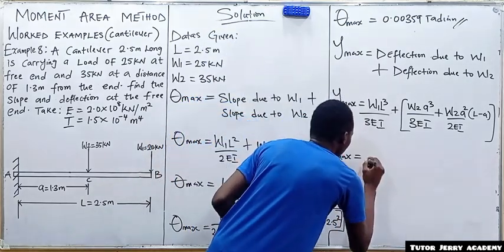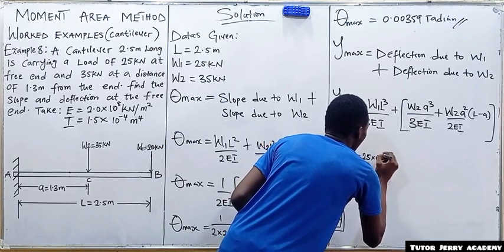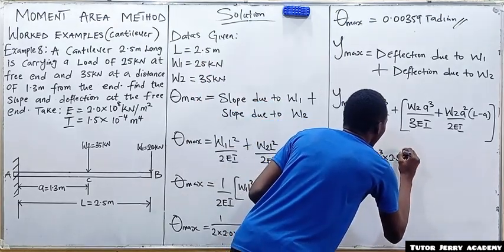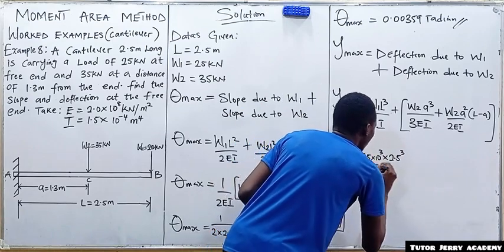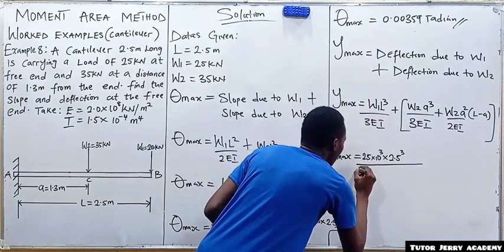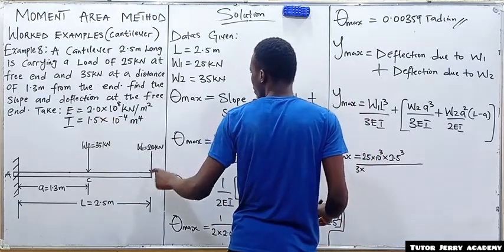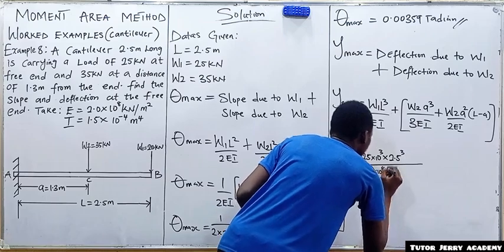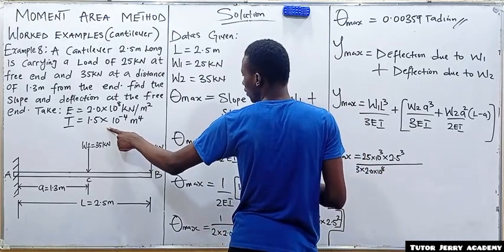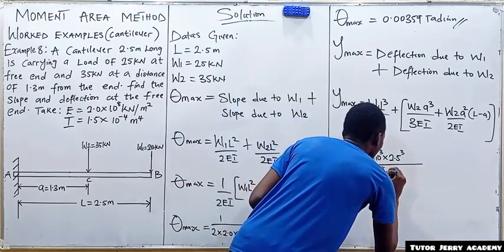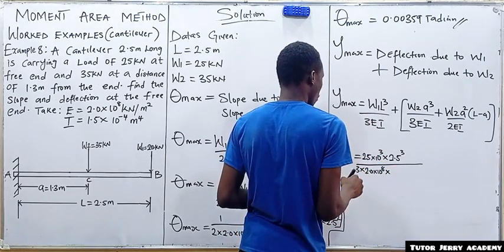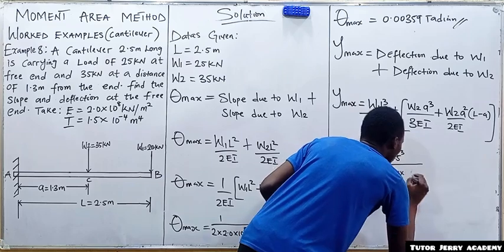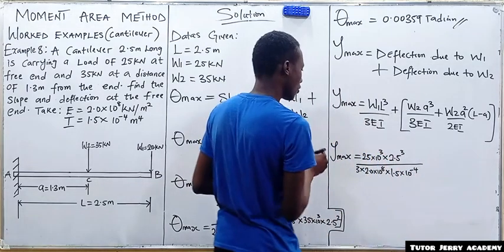So we have 25 times 10 to the power of 3 multiplied by L. Our L is 2.5, so we have 2.5 to the power of 3, all over 3 multiplied by E, which is 2.0 times 10 to the power of 8, and I, which is 1.5 times 10 to the power of minus 4. So this is what I have.